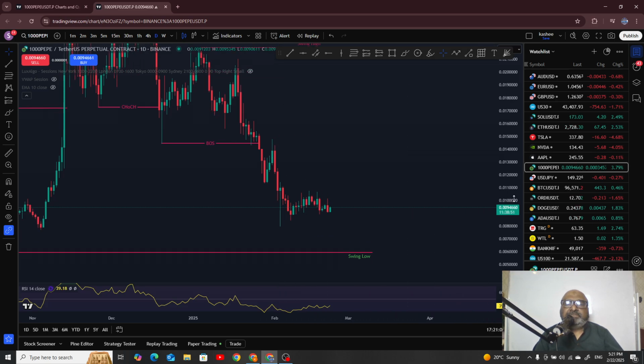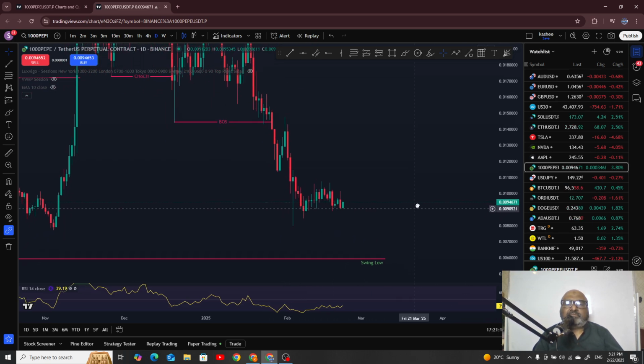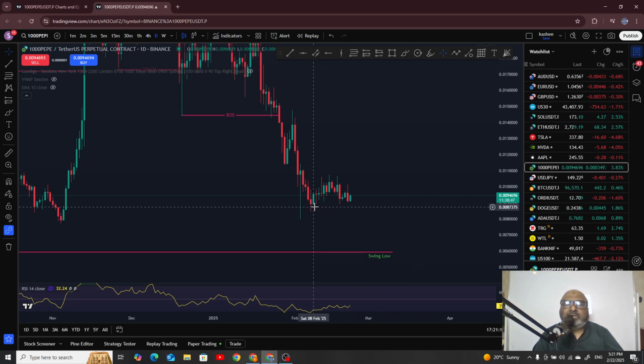After this, what do we have? 1, 2, and partially 3 candles closing after each other. Okay, so this is swing low.